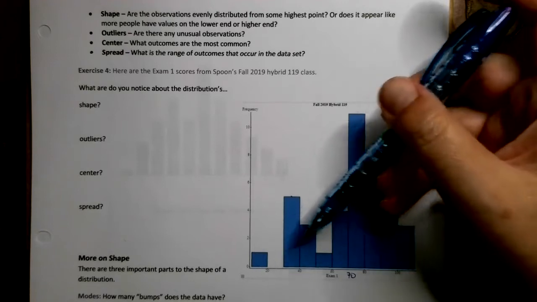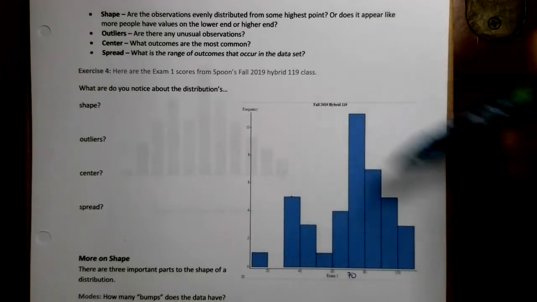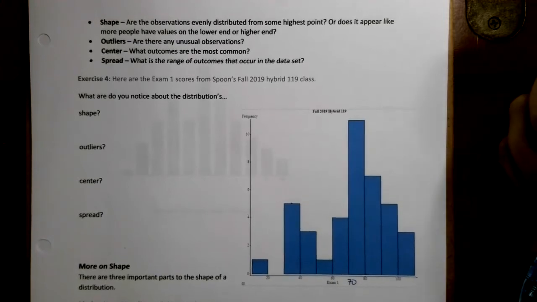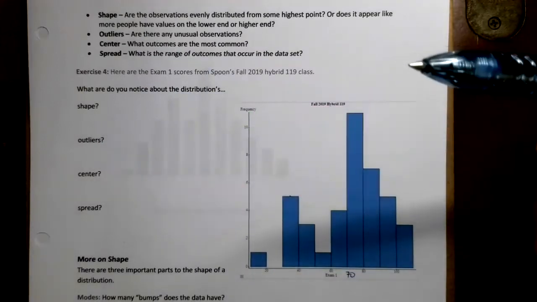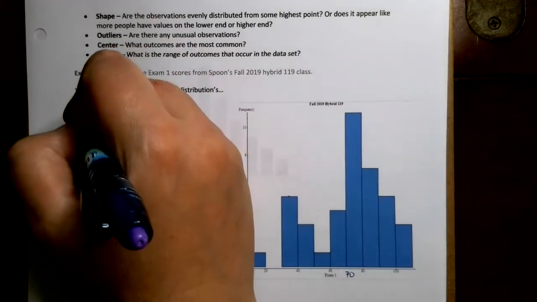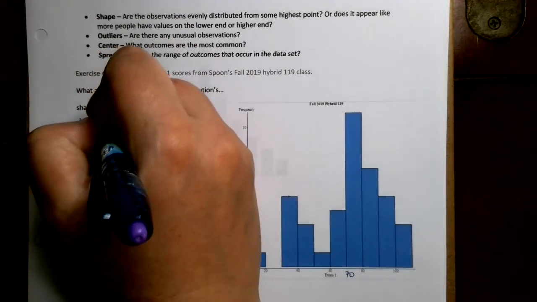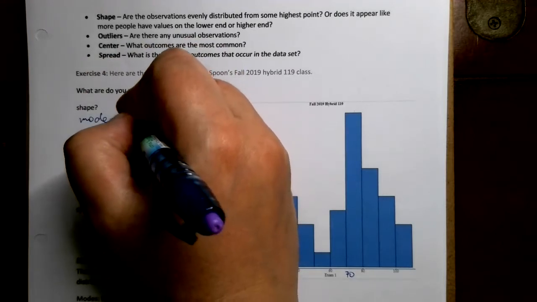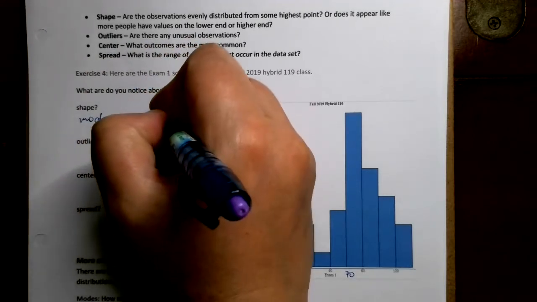So this is the takeaway from the shape of this data, and we're going to be talking more about shape in a minute. So are there any outliers? Okay, so the mode is from 80 to 90.